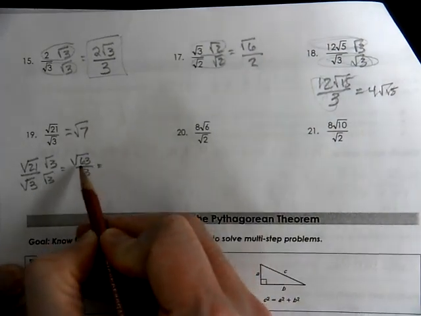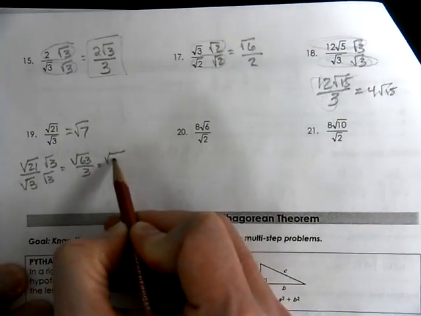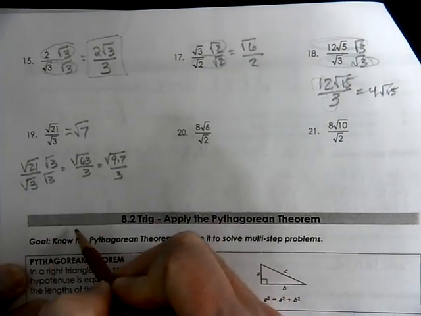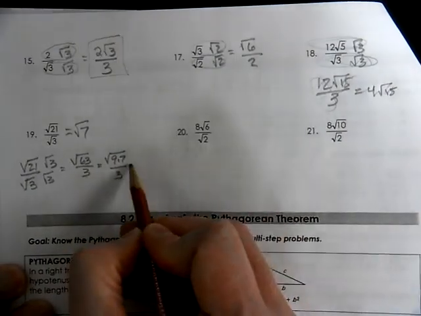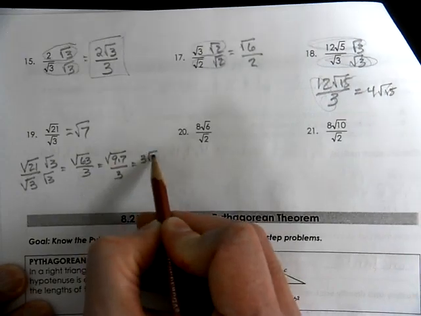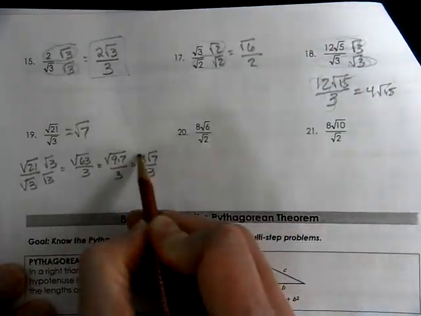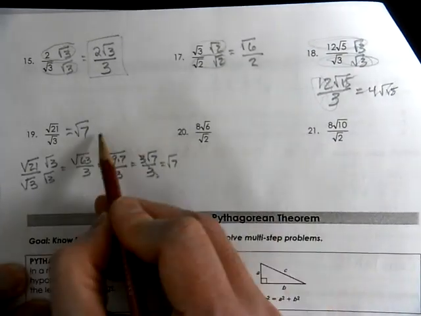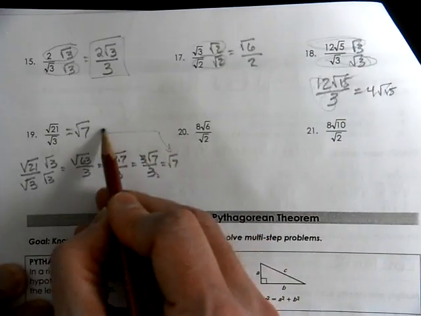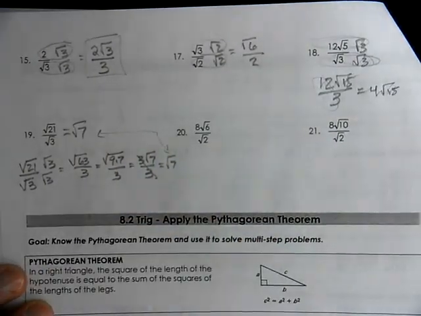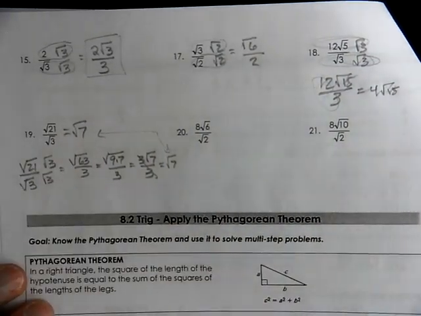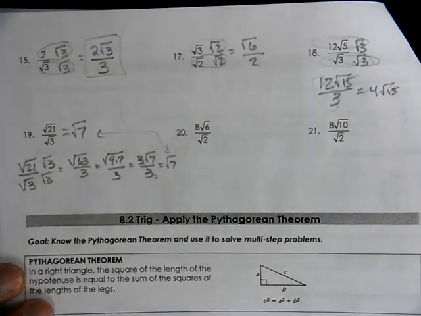And you may realize that 63 can be broken down into 9 times 7 divided by 3. Well, the square root of 9 is 3, so you have 3 root 7 divided by 3, and those 3's cross out. You'll get the same answer if you rationalize the denominator, but it's much quicker to use the division when it's appropriate.